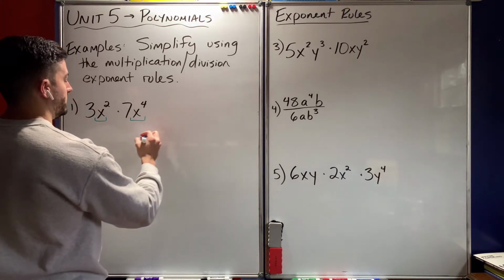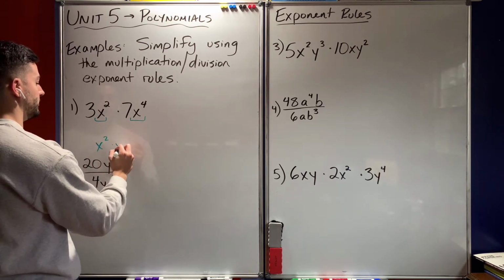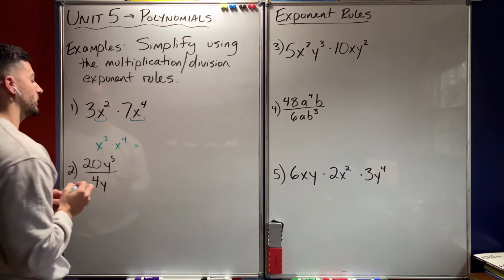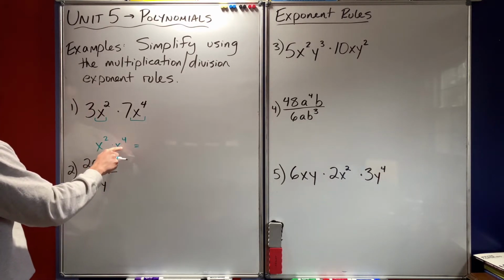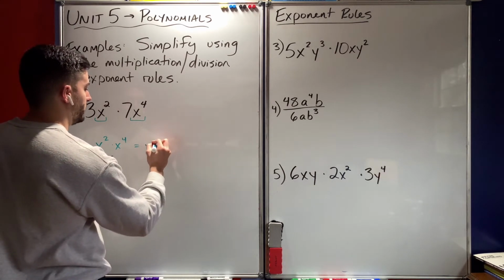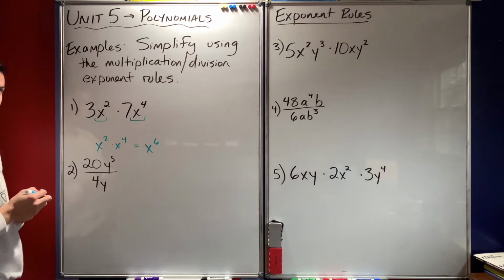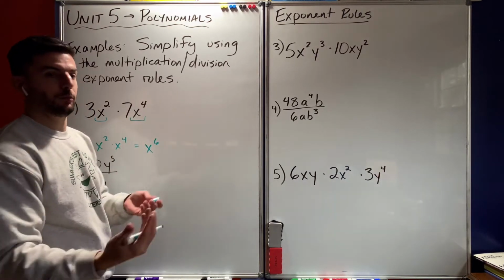I'm able to kind of separate it like that. So applying my exponent rule, adding those exponents together, 2 plus 4 would give me x to the 6th. So x to the 6th is how many x's I would have if I multiplied these terms.